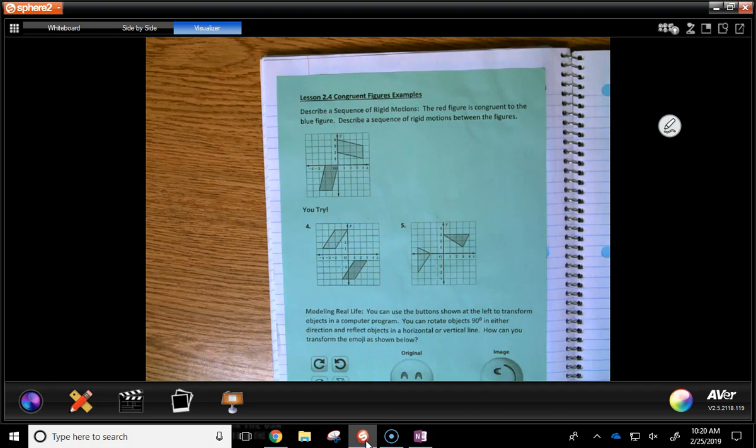Alright. So, this is what I want to see. This is going to be our little participation grade part. Looking at this. Alright, 2.4.